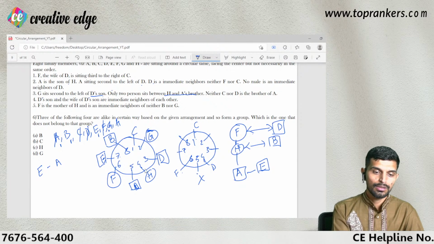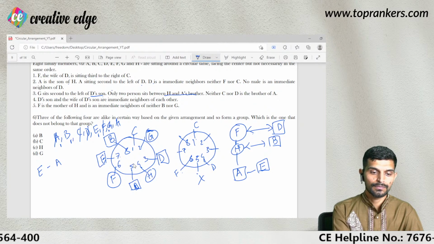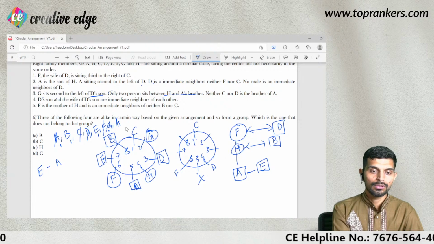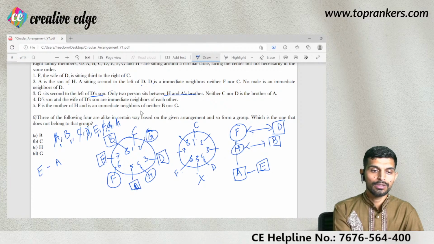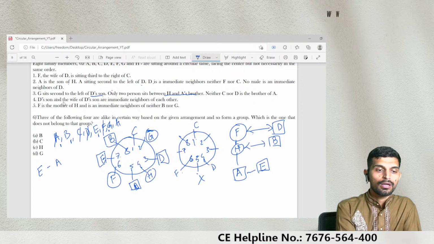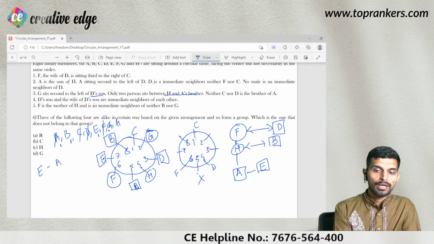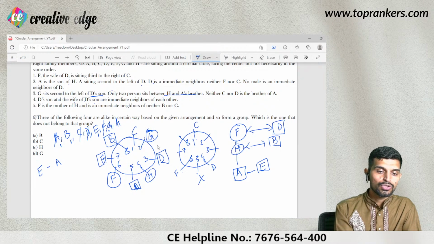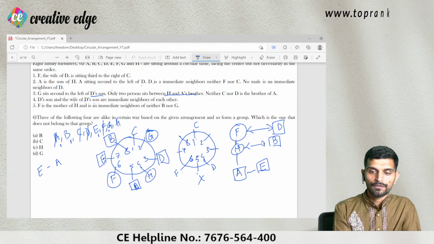C. So 1, 2, 3, 4. I'm not sure about gender of C, but it has to be D's son and the wife of D's son. D's son is B and wife of D's son is H. Are immediate neighbors. So C must be wife of D's son.